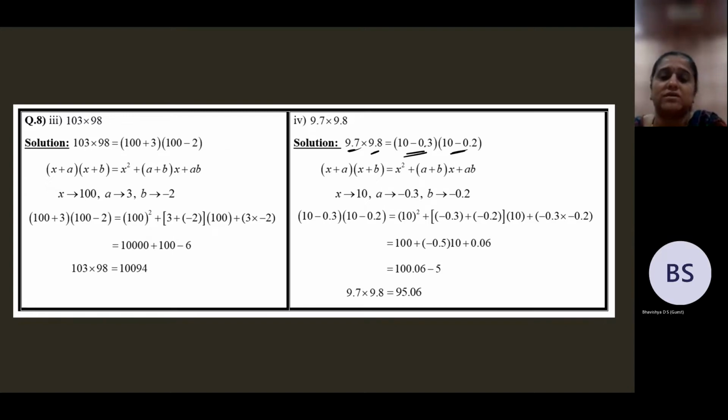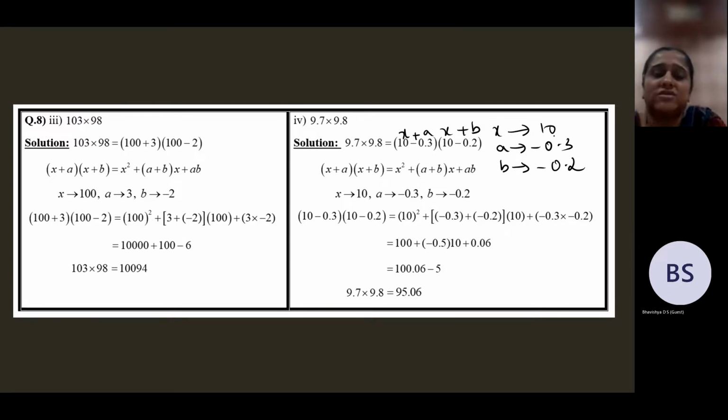Now when you compare this with x plus a and x plus b, we have to be careful. You can clearly see that a is minus 0.3, and b is minus 0.2. x is 10. Am I right, Bhavishya?